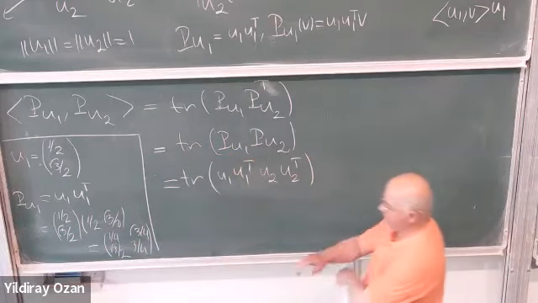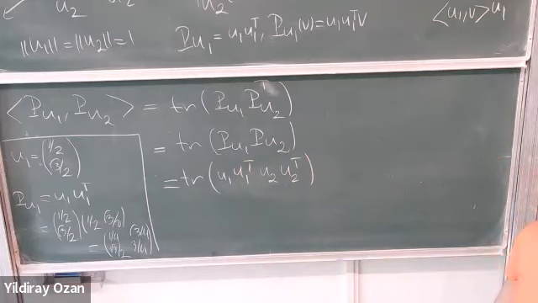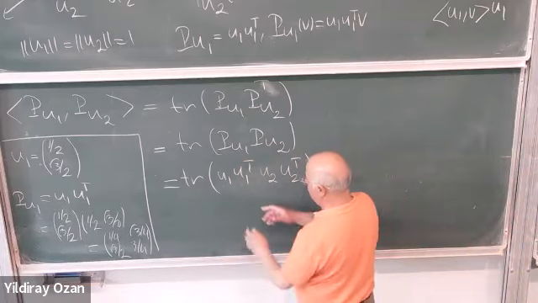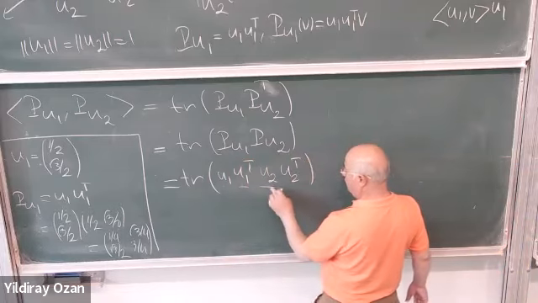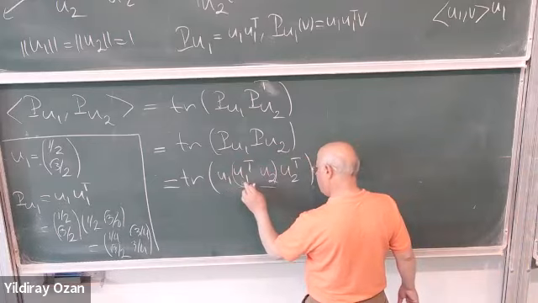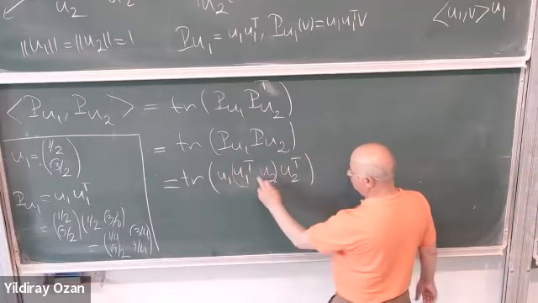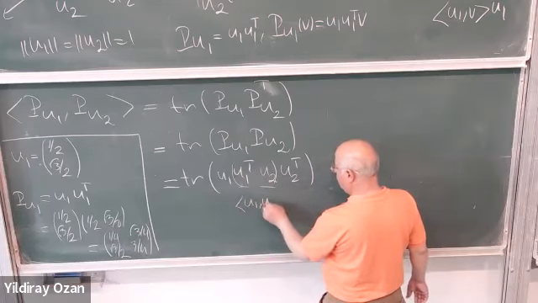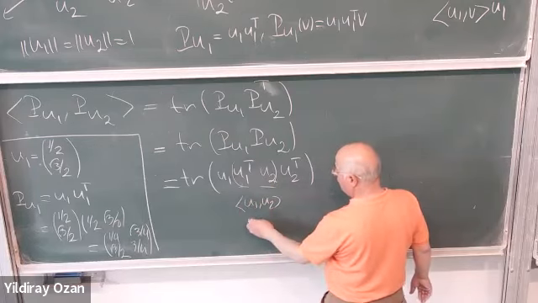It is this matrix. Okay? Now, but if you multiply this way, this product is just the inner product of U1 and U2. So this is just U1, U2, inner product. And this is the scalar.